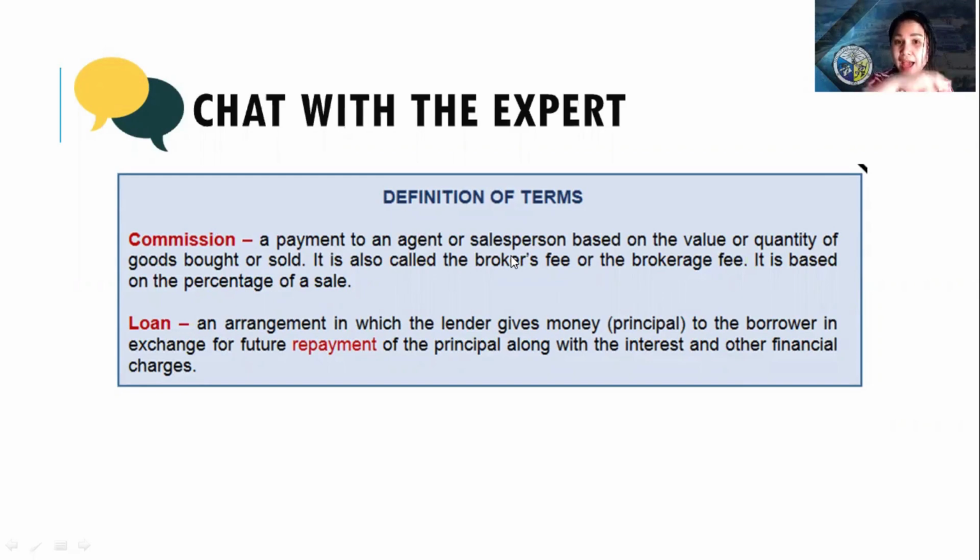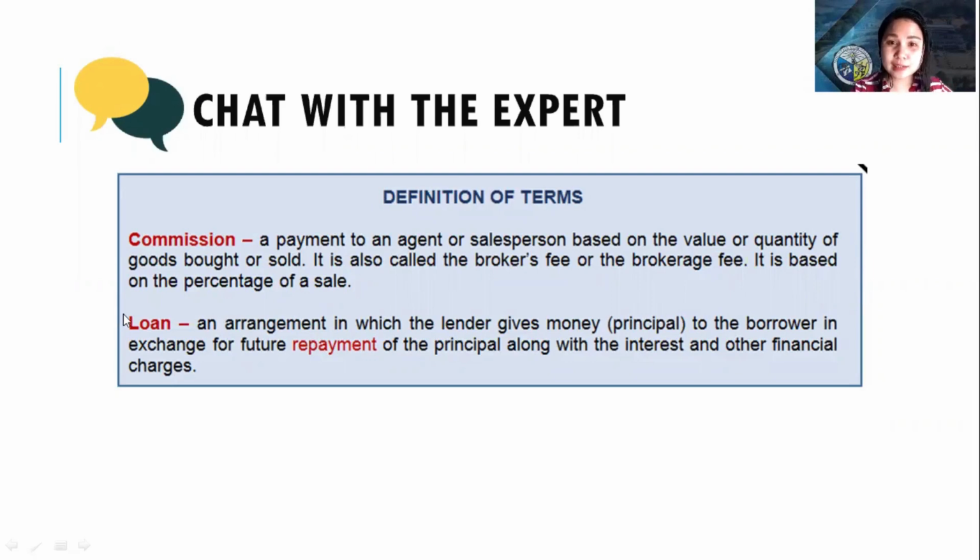So I hired a middleman who will sell on my behalf. This middleman is called the broker. So the broker will sell my house on my behalf. Because he or she sells that, I'm giving that broker a broker's fee, or some would call it a brokerage fee.